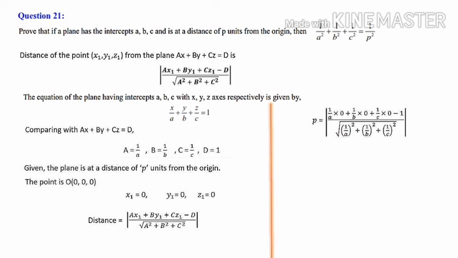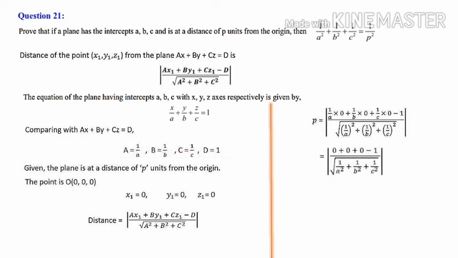The distance is given to us as p. So p is equal to 1 by a into 0, 1 by b into 0, 1 by c into 0, then minus D, that is minus 1, divided by root of 1 by a square plus 1 by b square plus 1 by c square.